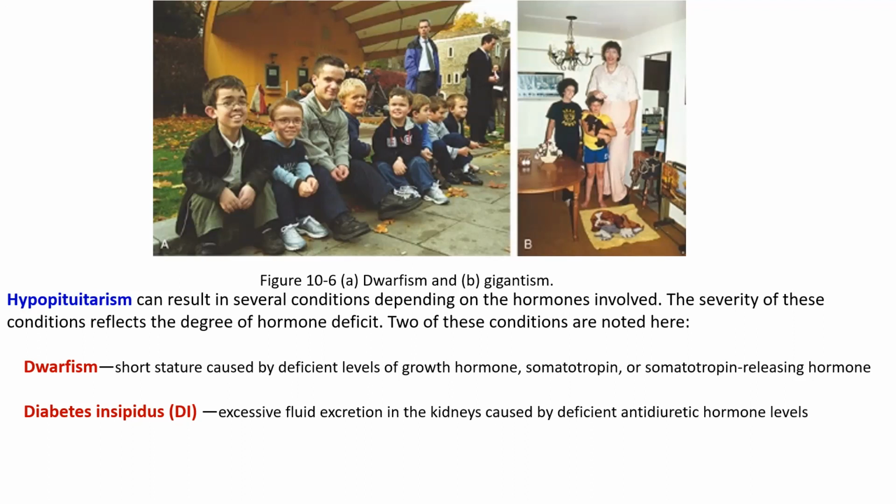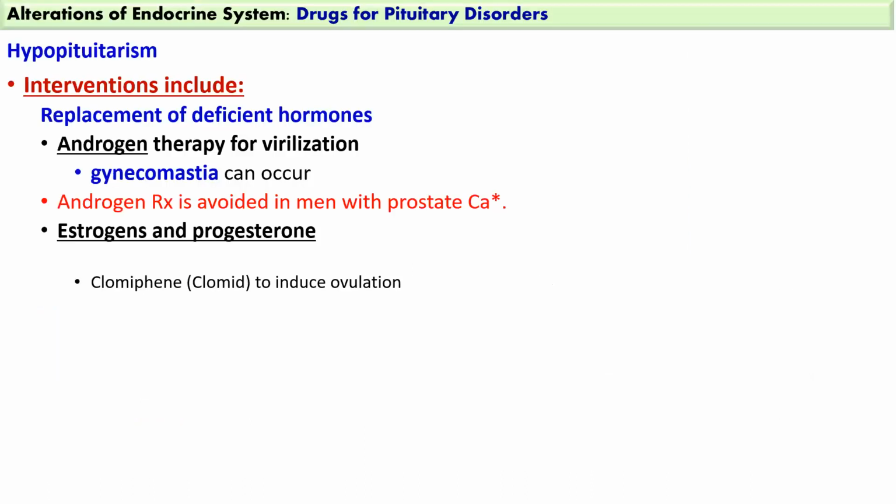To explain about the prostate cancer from the previous slide, prostate cancer is a contraindication for the androgens. Patients with prostate cancer should not receive androgens because prostate cancer growth is largely dependent on the presence of androgens.